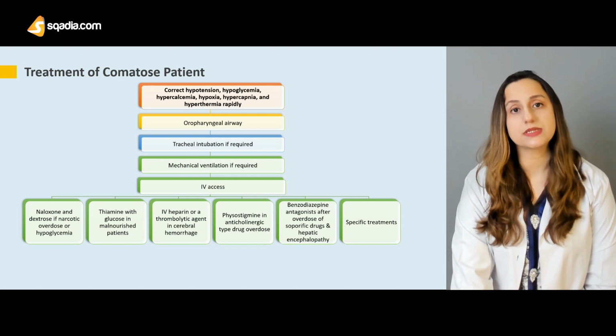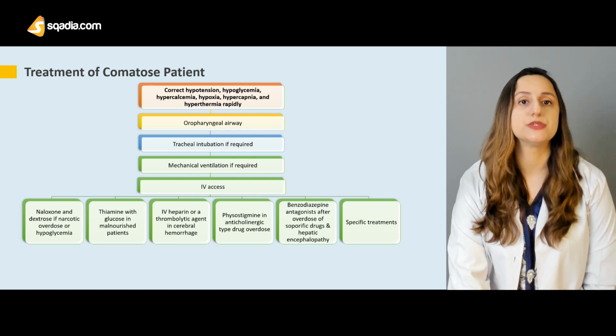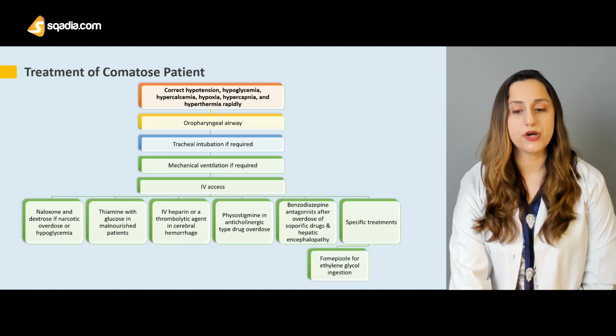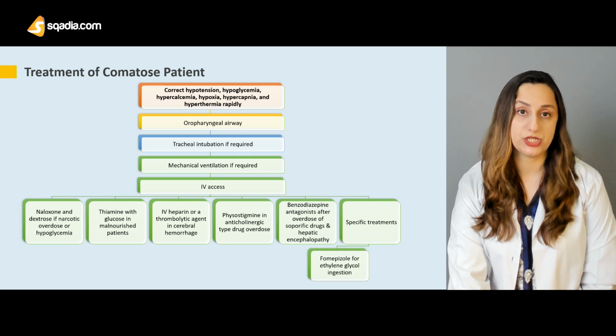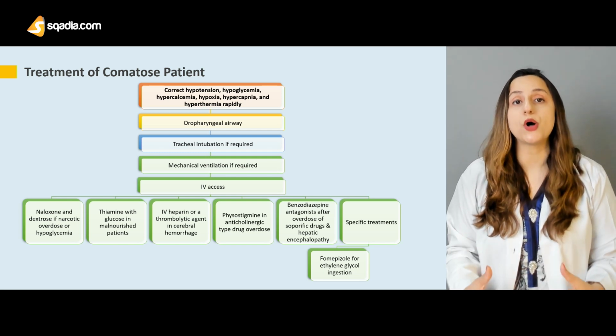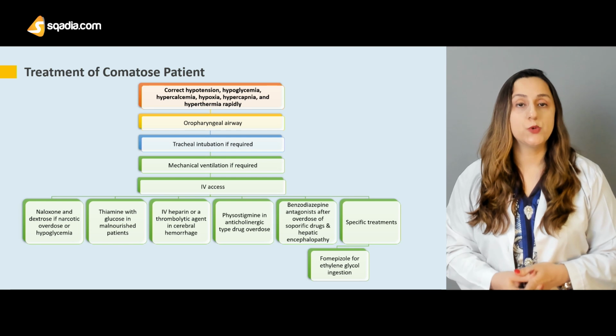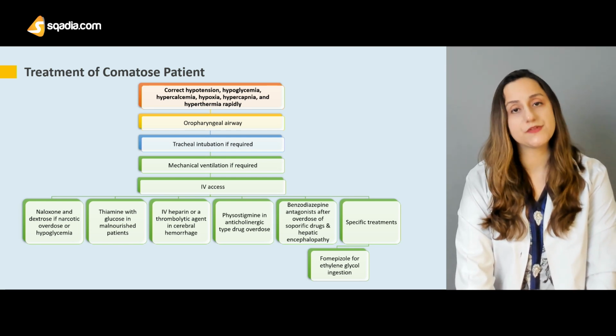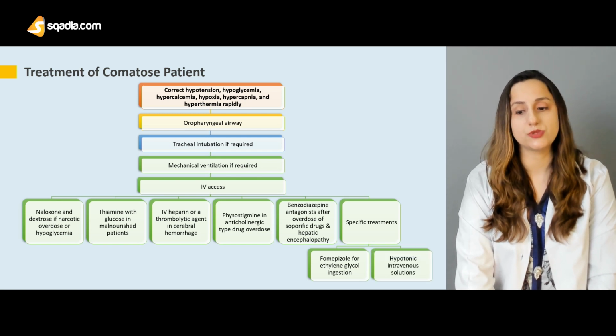If they are diagnosed in a particular way, you're going to devise the treatment accordingly for the individuals. Fomepizole for ethylene glycol ingestion. So it would depend upon the type of drug which was ingested, resulting in an intoxicated state in the individual.